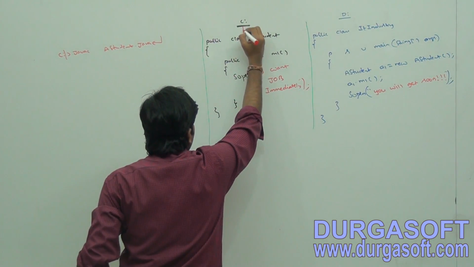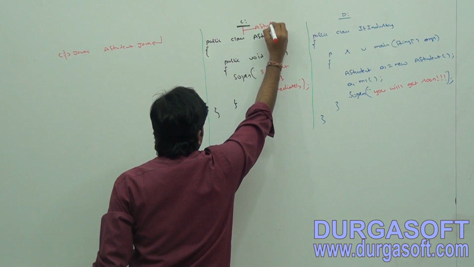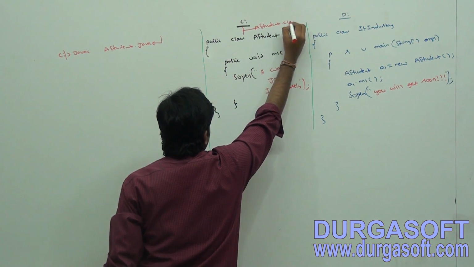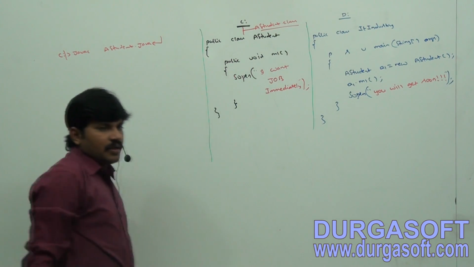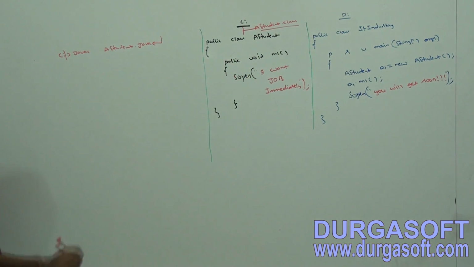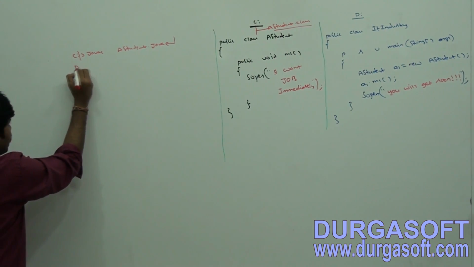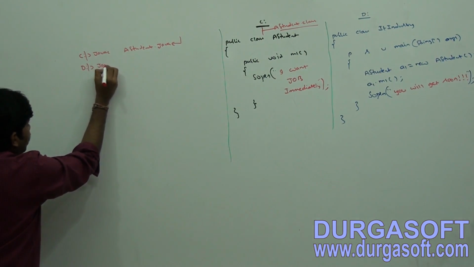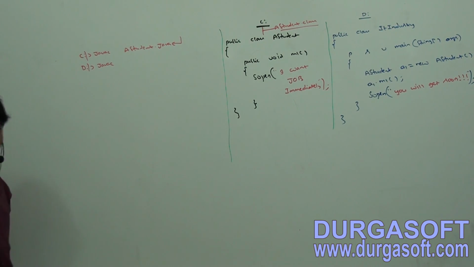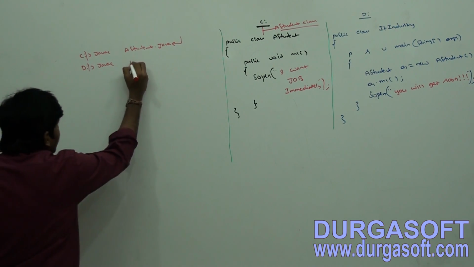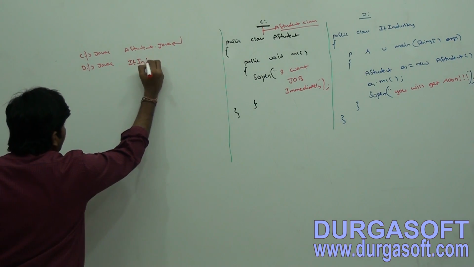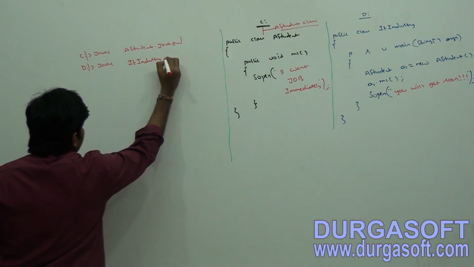So in the C location A student dot class file is there. Now I have to move to D location, javac IT industry dot Java.